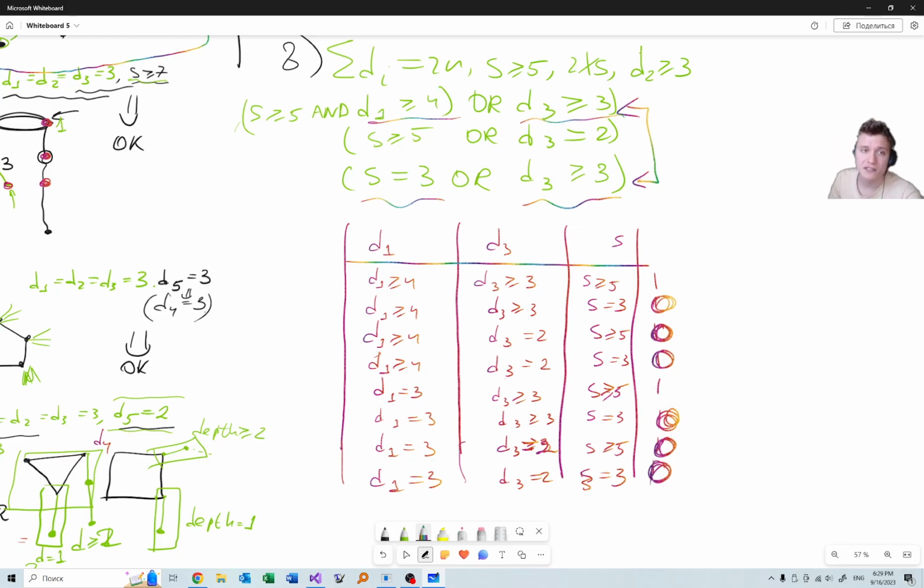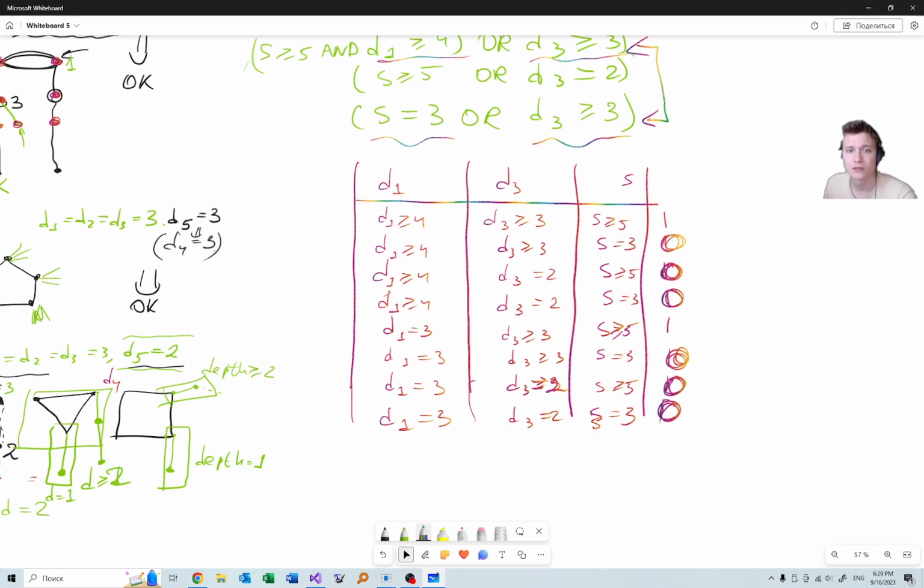Okay, I think this is fine. So now we actually know the following, that d3 is at least 3 and s is at least 5.